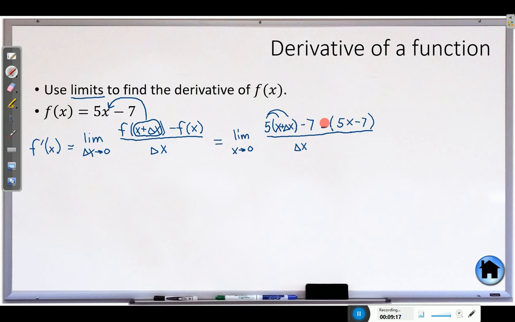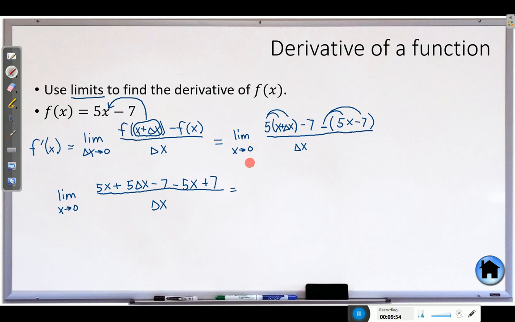And now it's all just algebra. Distribute, make sure your negative also distributes. So we will have the limit as delta x approaches 0 of 5x plus 5 delta x minus 7 minus 5x plus 7 on the top, and on the bottom we still have delta x.